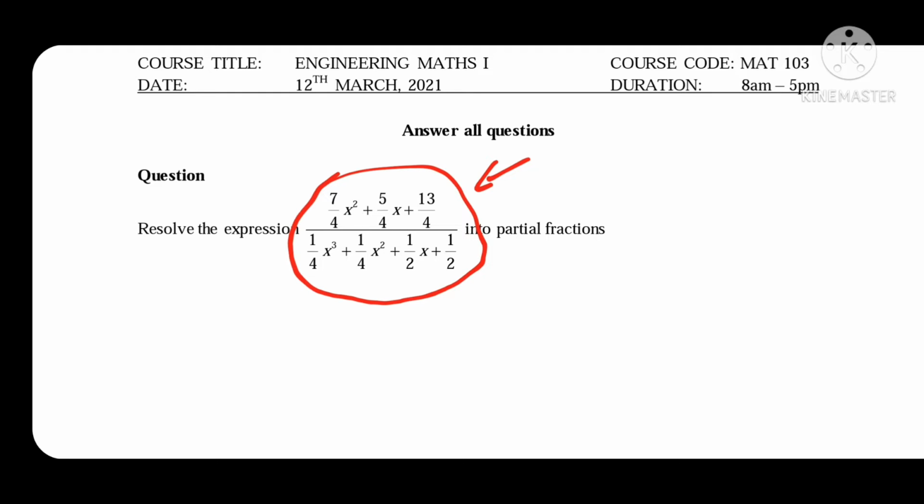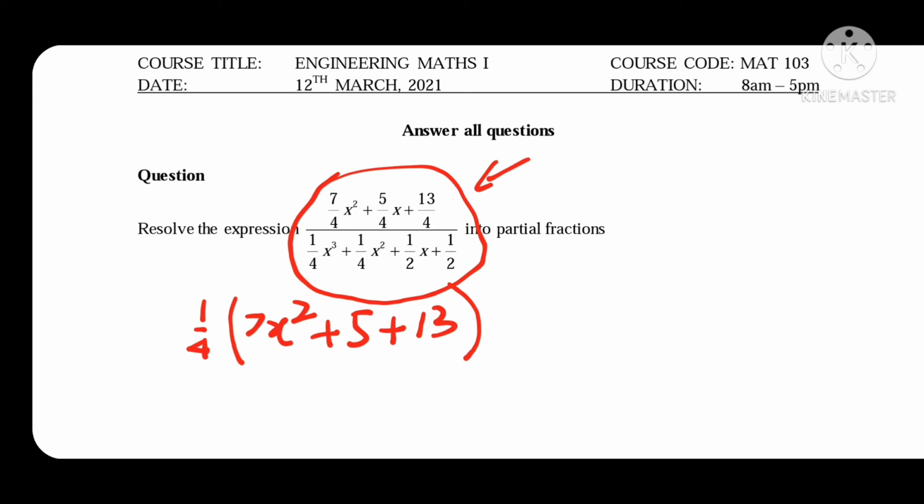numerator. Okay, so simplifying the numerator, we'll have 1 on 4 bracket open 7x squared plus 5x plus 13, bracket close. That's for the numerator.